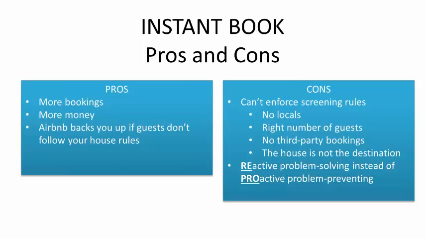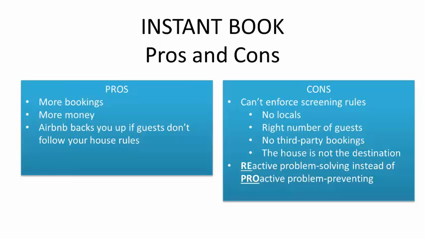And because of the way Instant Book promises that they will back you up if you need to cancel, what that tells me, and this is just my soapbox, this is my risk tolerance, each person has to answer this for themselves, but it puts you in a reactive position. That means the guests have already broken my rules. They're already in my house.